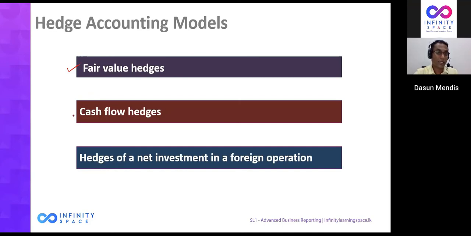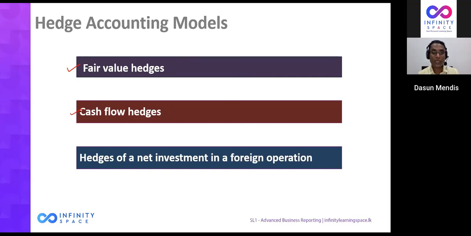This particular question is not about the fair value hedge accounting model, but the cash flow hedge accounting model. In hedge accounting you have 2 items. One is the hedged item, the other one is what? The hedge instrument. The hedged item creates the risk, creates the gain or loss.